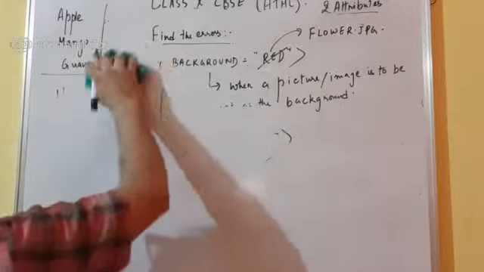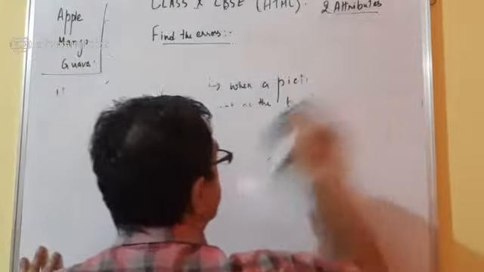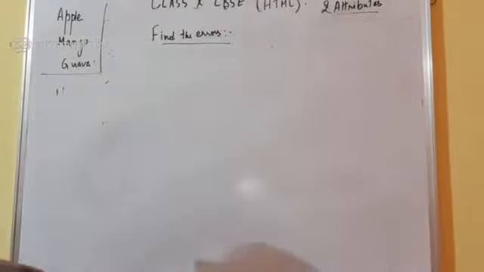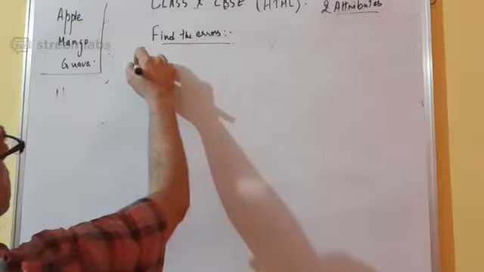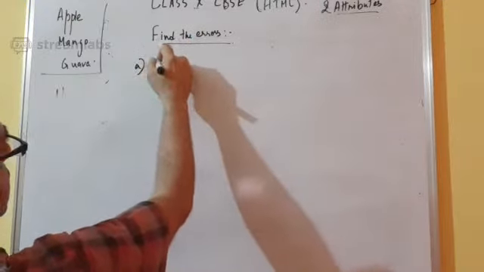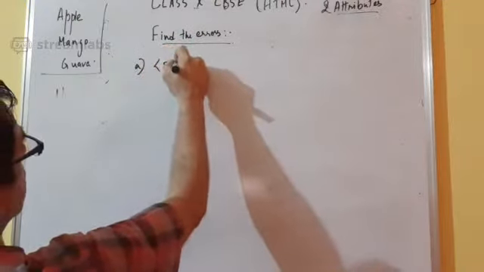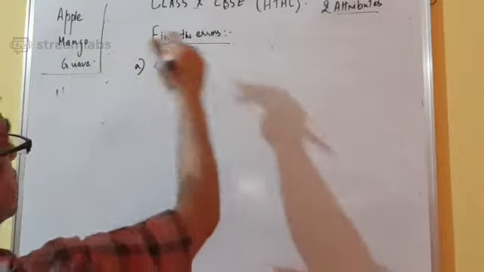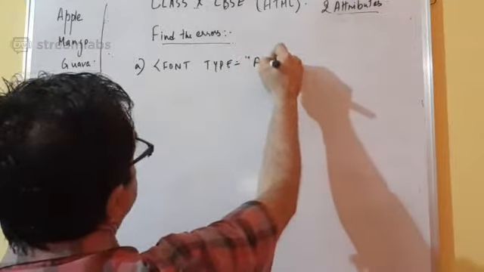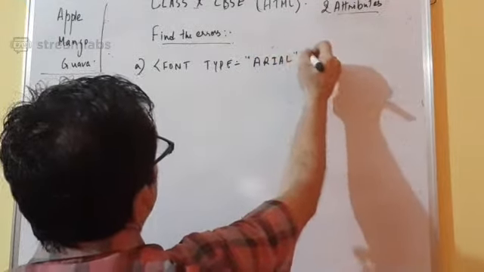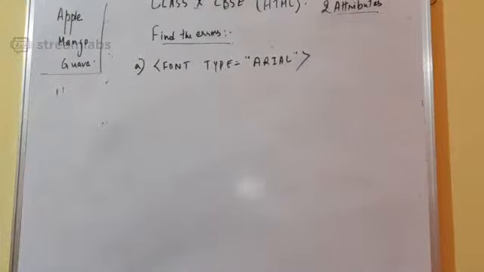Now one more error is there in the following sentence. Can you tell me the error? If I want to change the font, that means how the font should look in a web page, so if I use this font and then use type equal to Arial, what should be the corrected one?